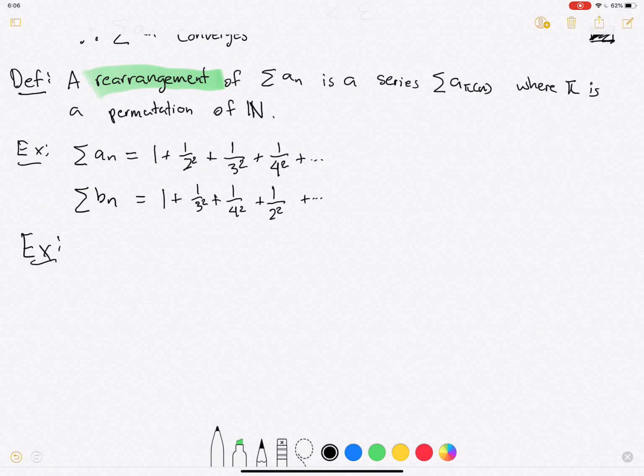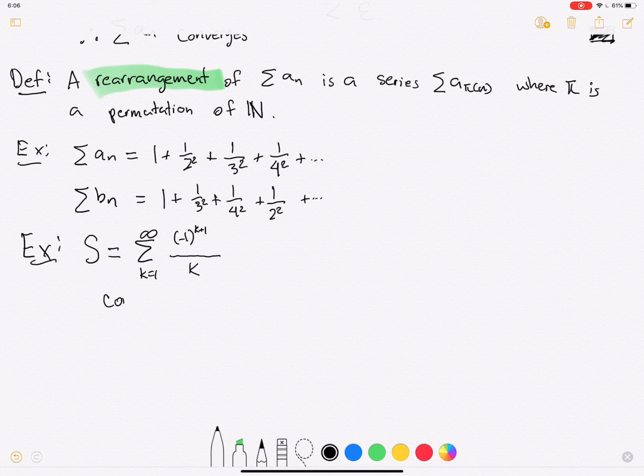So that's another example. Let S be the sum of (-1)^(k+1) over k.